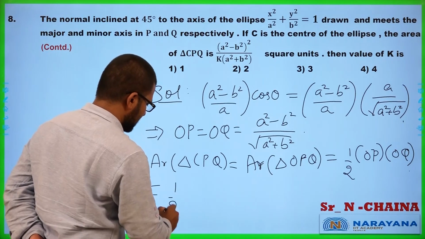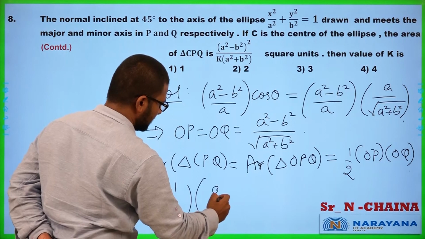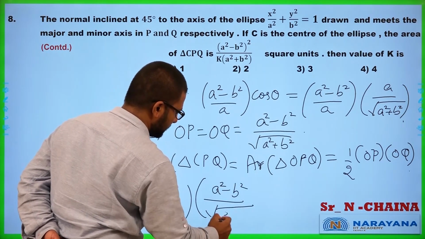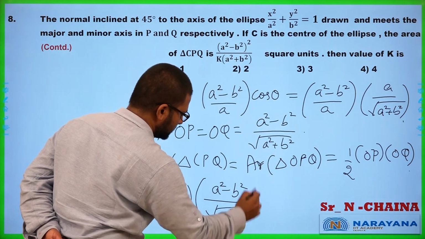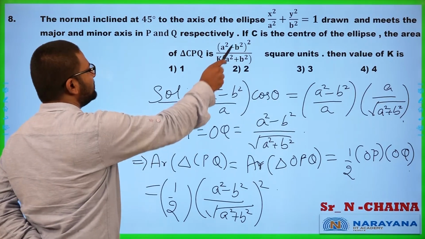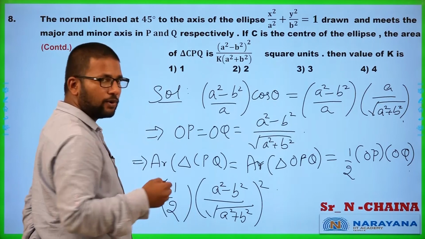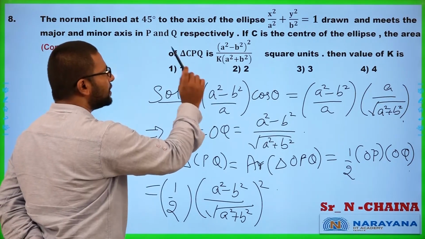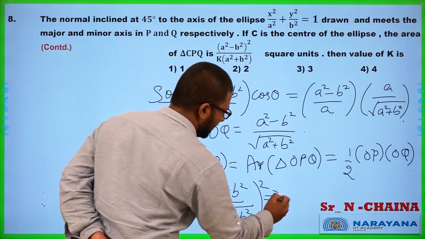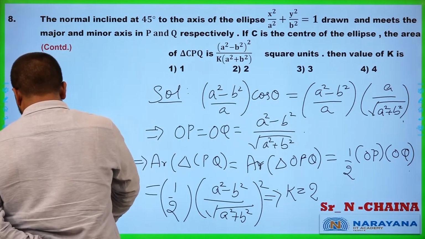So that is half of OP square. So whatever this is, its square: A square minus B square upon root of A square plus B square, the whole square. Now if you observe, we have A square minus B square the whole square in the numerator. This square root and perfect square will go away. So A square plus B square in the denominator and a K, which is 2, which implies K is equal to simply 2.